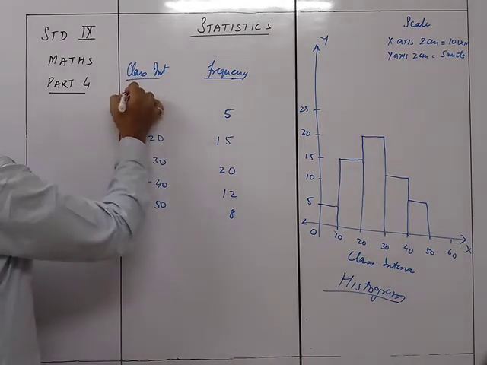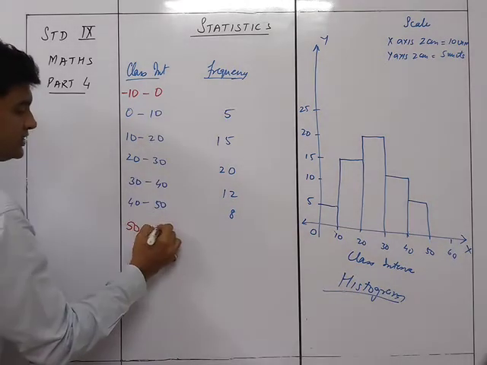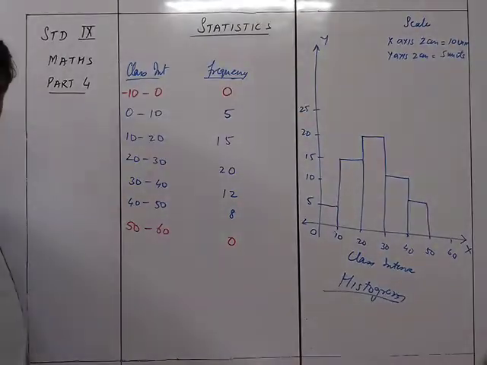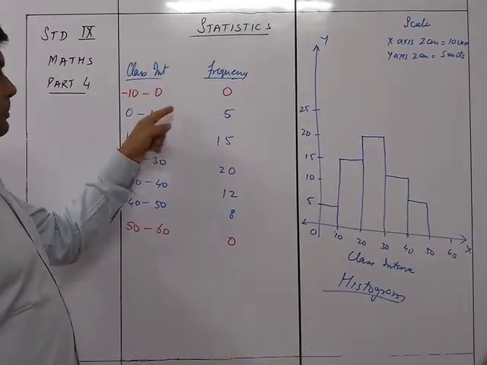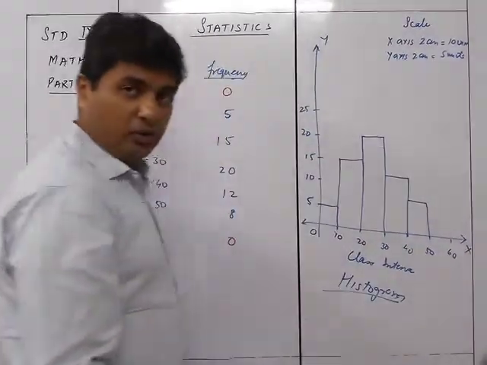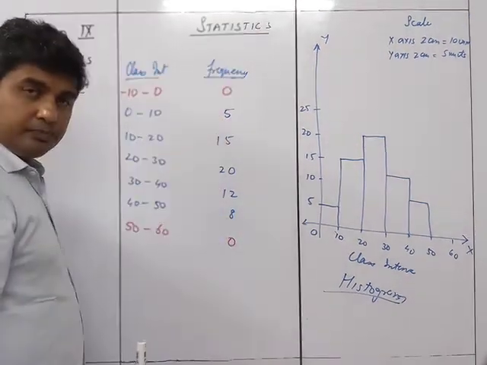So here it will be -10 to 0, and this will be 50 to 60, where the frequency of both is 0. Got it? You are adding one more interval before 0 to 10 and one interval after 40 to 50, that is 50 to 60, where the frequency of both is 0.